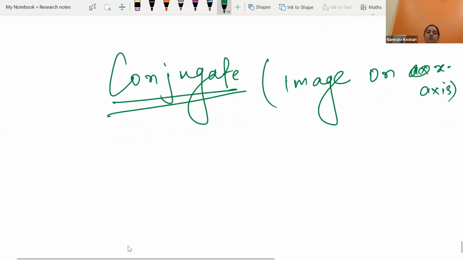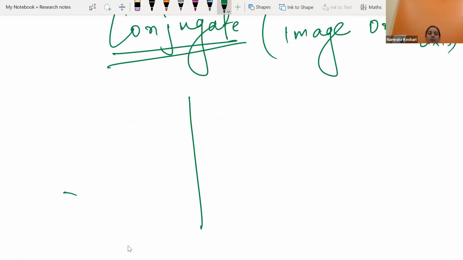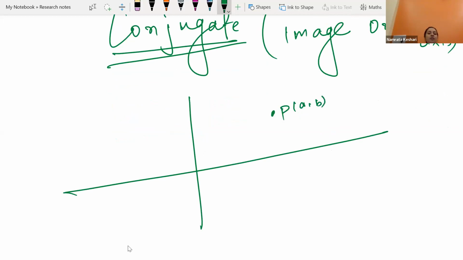Okay, so suppose I am drawing the same argand plane. Suppose there is a point P that is a comma b. We understand that whenever in a complex number this a comma b is there, that means nothing but a plus ib, a plus bi. Now the image of this point P on the x-axis will be here.